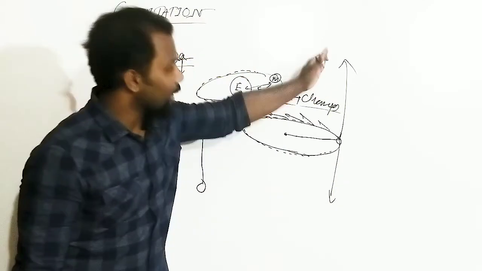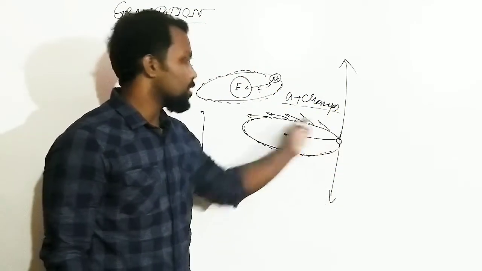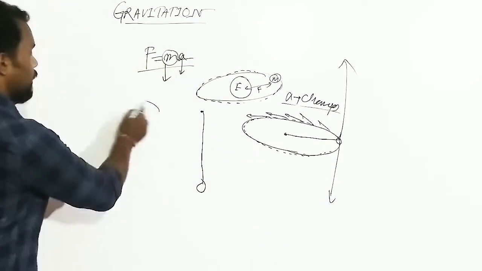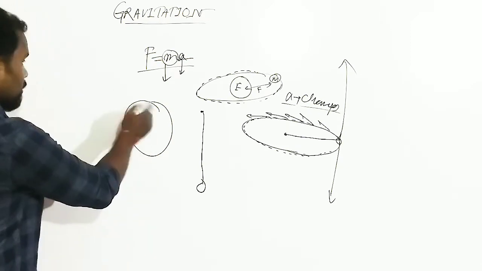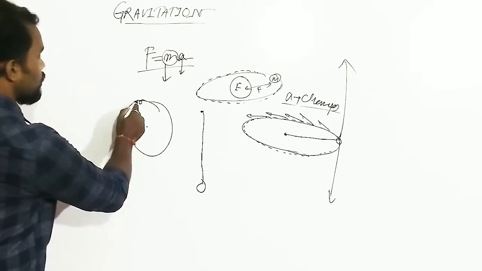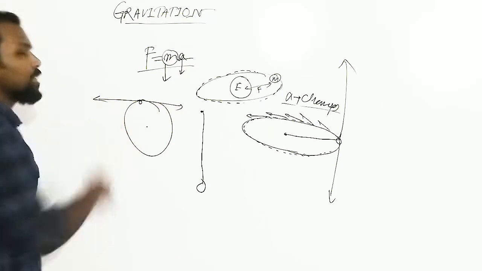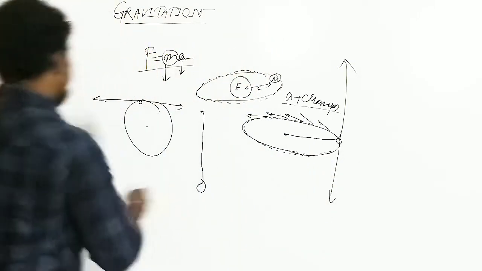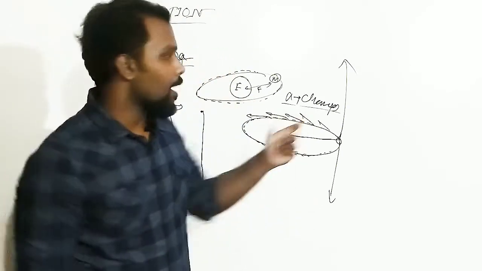And that line is nothing but a tangent to this circular path. If this is the circular path, and the stone was moving in this direction, once you leave the stone it is going to move in this direction or maybe in this direction. That line is nothing but a tangent. In a higher class, we are going to understand the concept of tangent. Again, when we leave that stone from our hand, it moves like this.